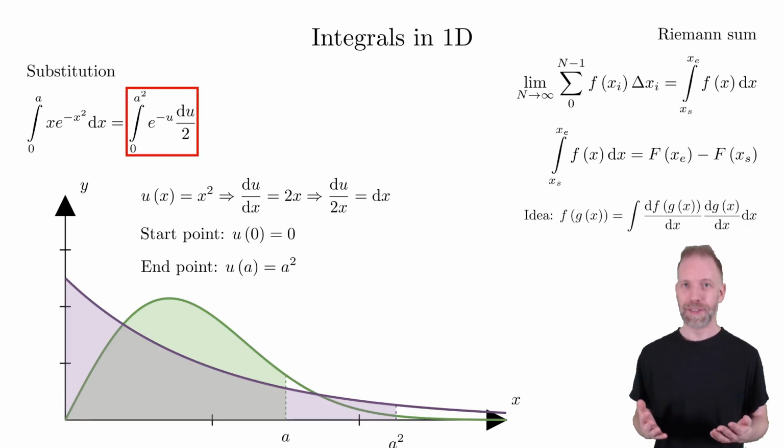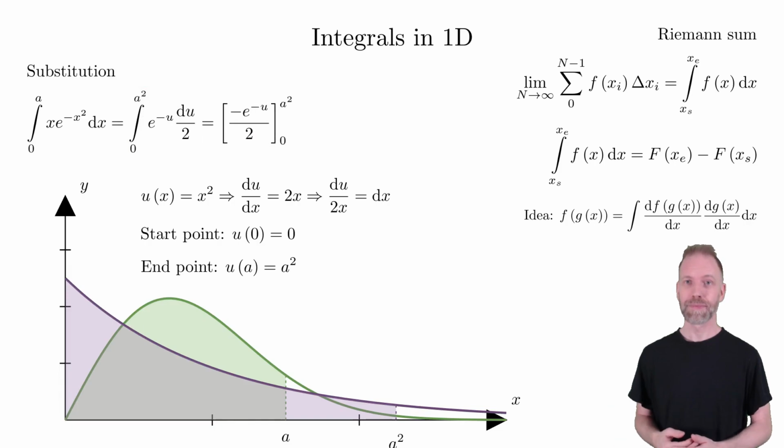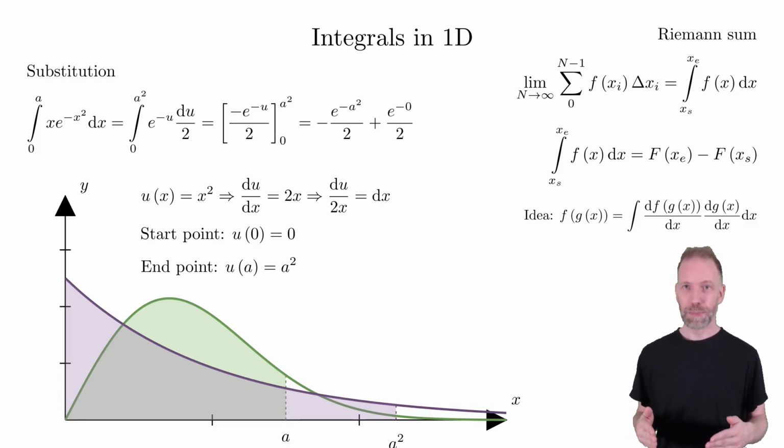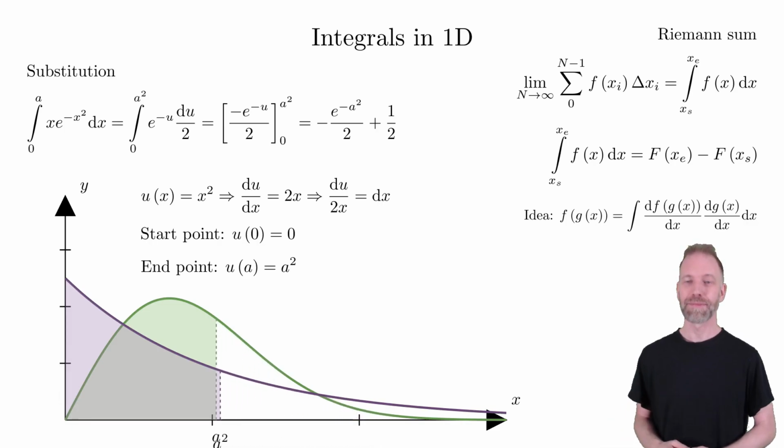We know the primitive function of e to the power of minus u. And the final answer is minus e to the power of minus a squared over 2 plus e to the power of minus 0 over 2. E to the power of 0 is 1. If we look in the graph, we have that the purple and green areas are equal for all the values of a.